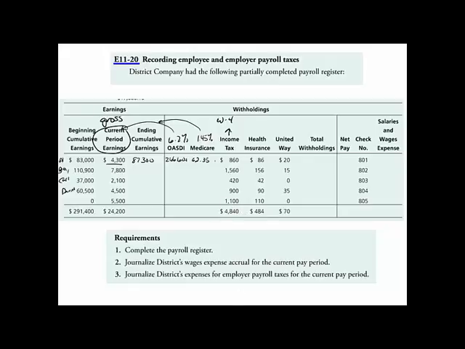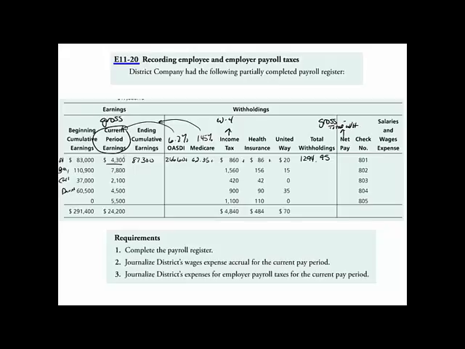Then you just add all these together to get the total withholding, which for this guy is 1,294.95.